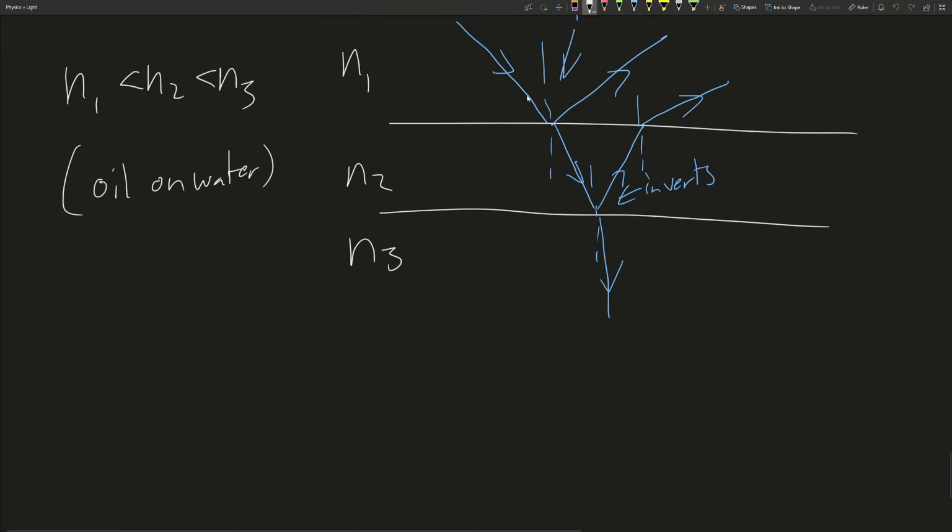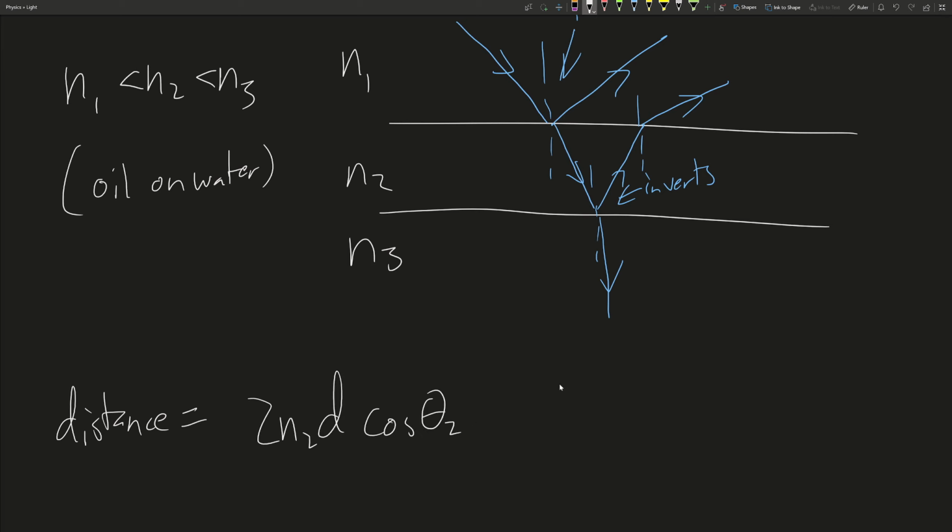So like these, the angles and everything is still the same. So our distance here is still going to be equal to 2 n2 d cosine of theta 2. But then this is destructive if it's m minus 1/2 times a wavelength.